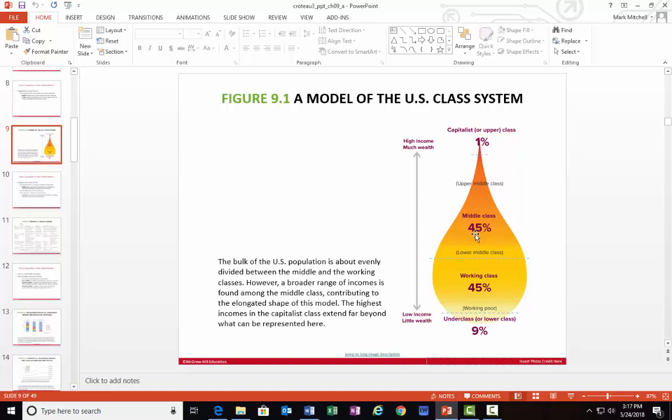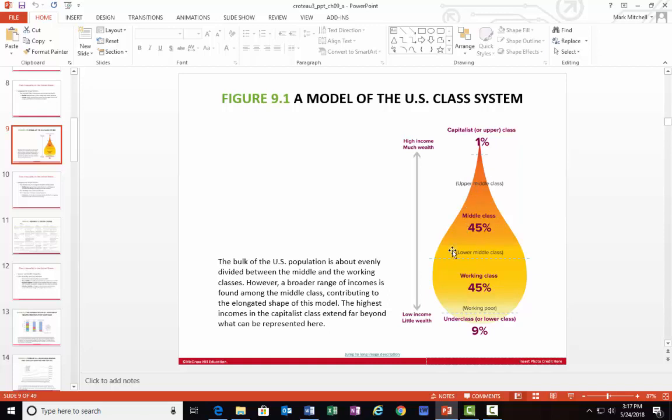The middle class, and you can see 45% of the American population falls here. And then the lower middle class, if you wanted to do that, you just make a few more distinctions about income and wealth and occupational status, and that's how you would identify these classes. Your working class is another 45%, and then the working poor and the underclass drag up the bottom.